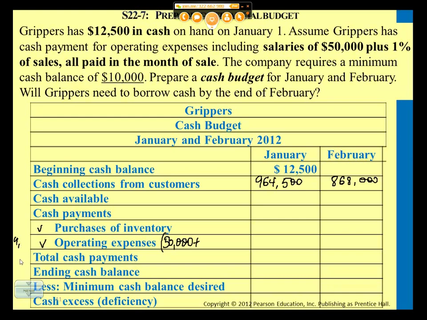The operating expenses, total number. 1% of sales. Right? All cash collections. Okay, so you're saying it's 9,645? Okay. All right. What is our cash available?